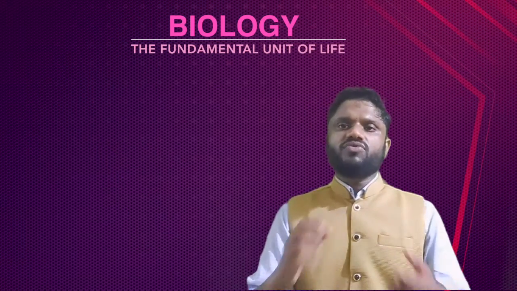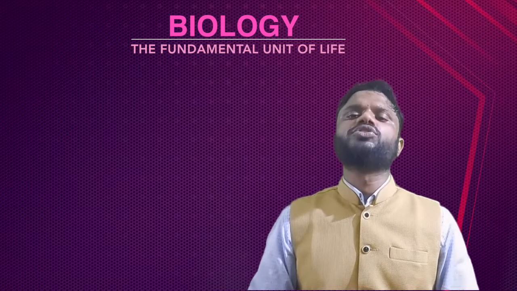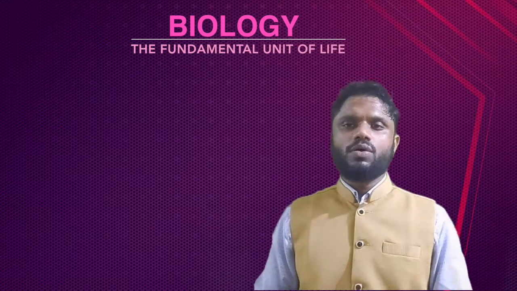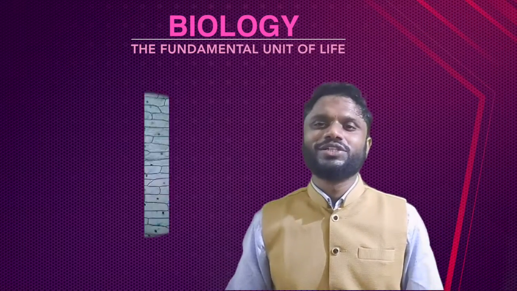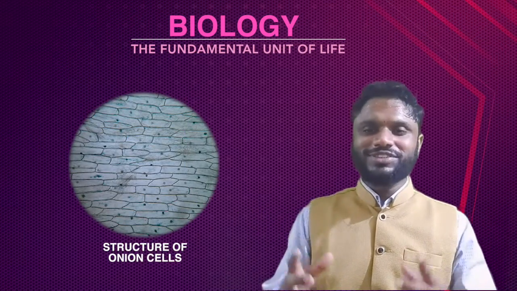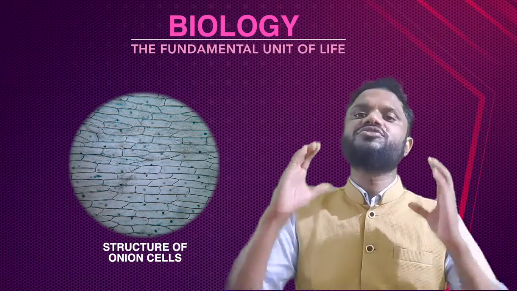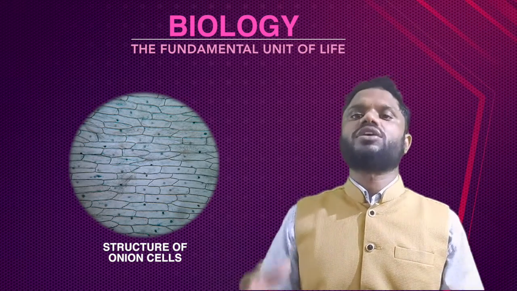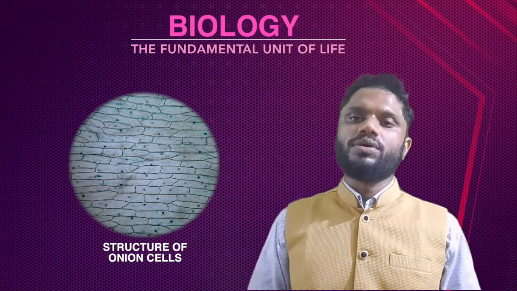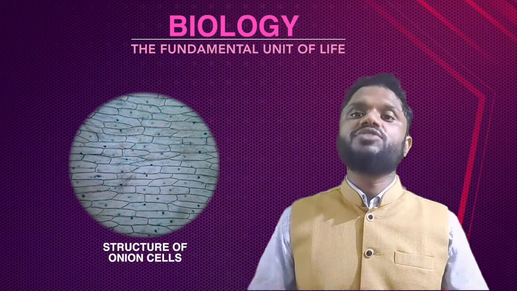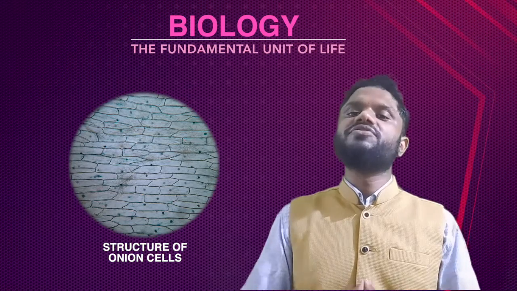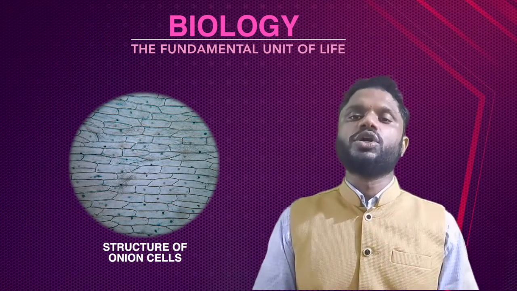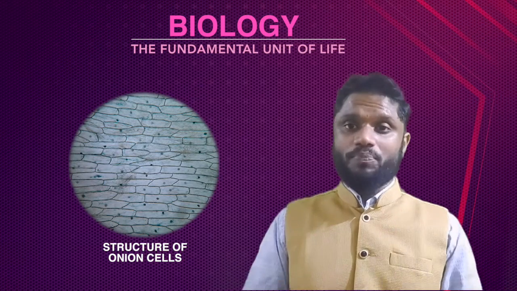We can try preparing temporary mounts of peels of onions of different sizes. What do we observe? Do we see similar structures? These structures look similar to each other. Together they form a big structure like an onion bulb. We find from this activity that onion bulbs of different sizes have similar small structures visible under a microscope.